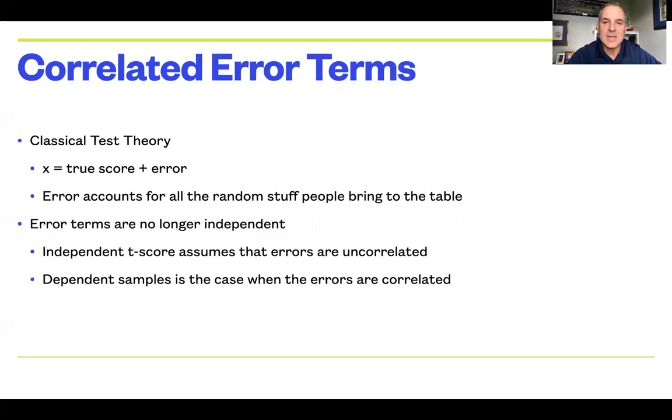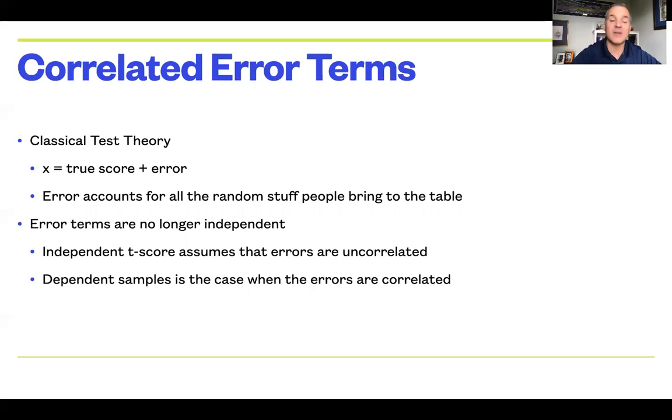Now, the independent samples t-test relies on the assumption that the error terms are unrelated to each other, that they're uncorrelated. But when we have dependent samples, paired samples, either the same person measured multiple times or some predetermined coupling where people are related, it turns out that these errors are in fact correlated with one another.